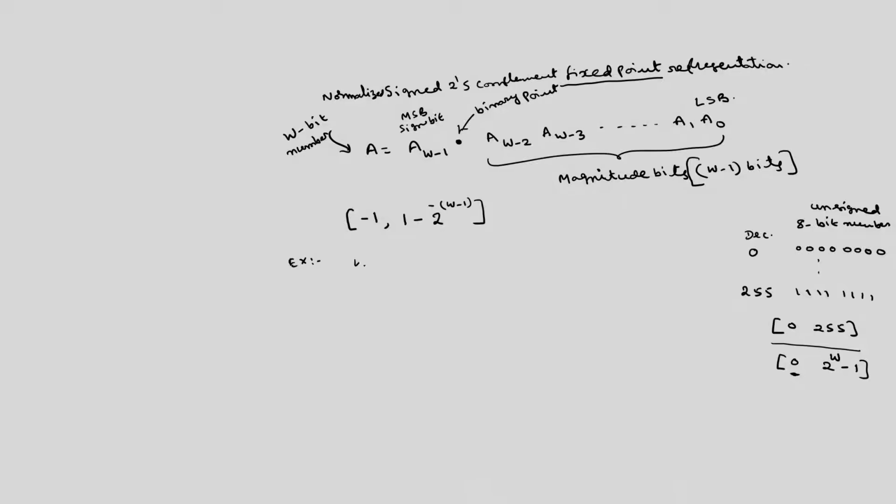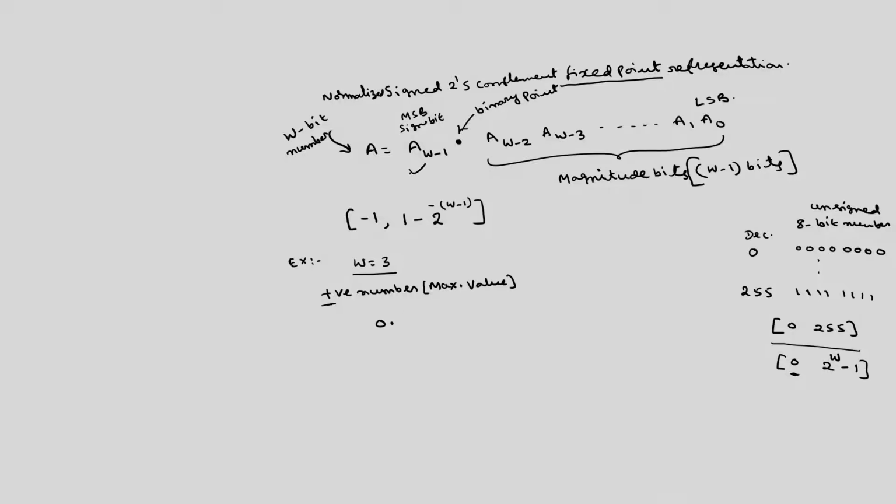Suppose I take W equal to 3 bits. I want to find out the maximum number, which will be a positive number. For the maximum number, this is positive, so the MSB bit is 0 point.